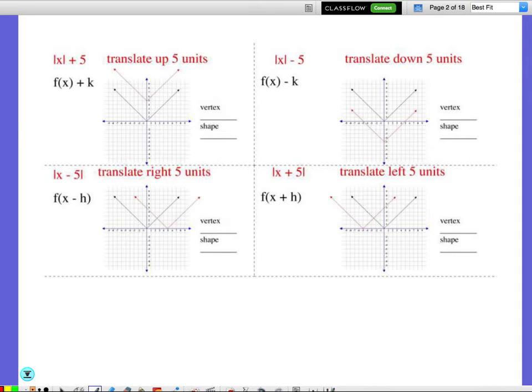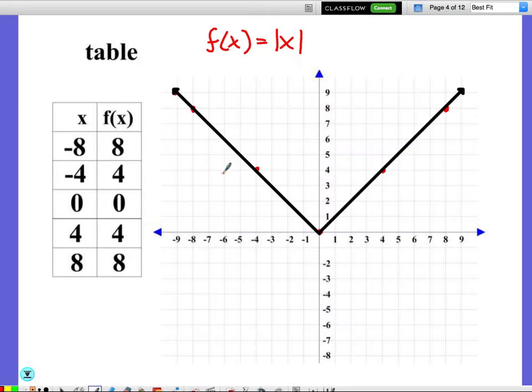So here again, this is the absolute value function. We're not adding, multiplying, subtracting, or dividing by anything. It's just simply the absolute value of x. And so this is called the parent function. It is the function that we start with at the very beginning.